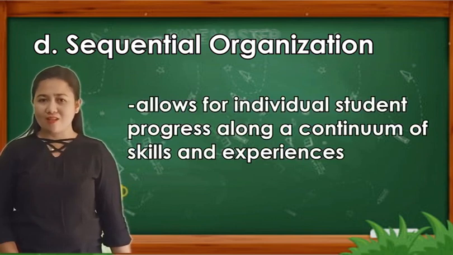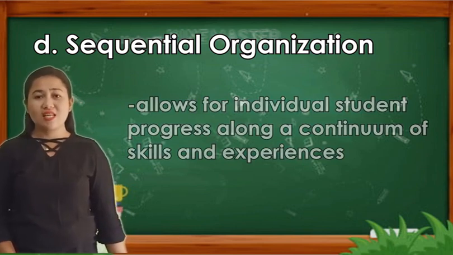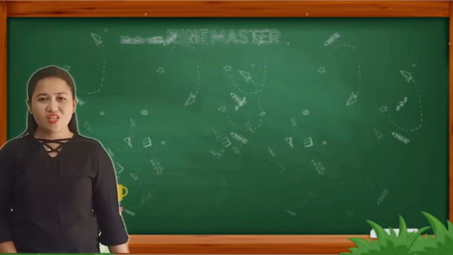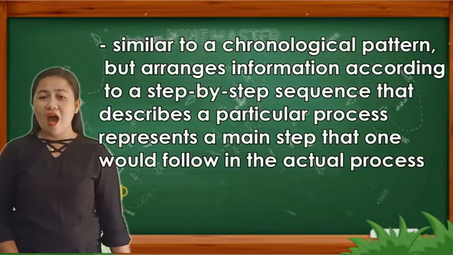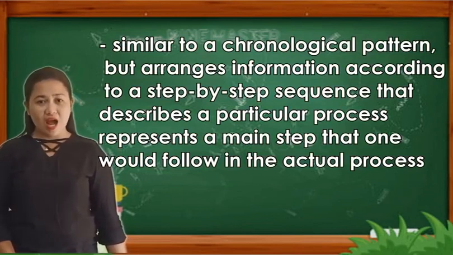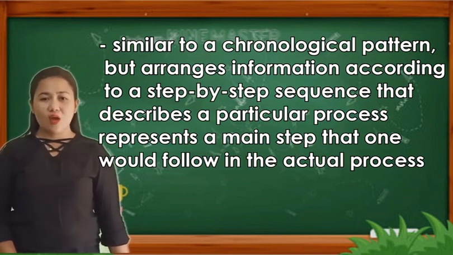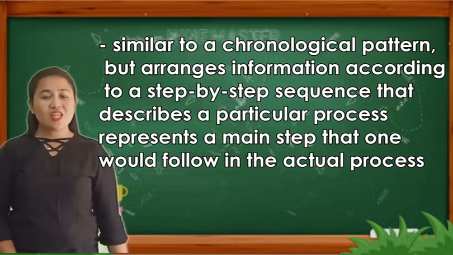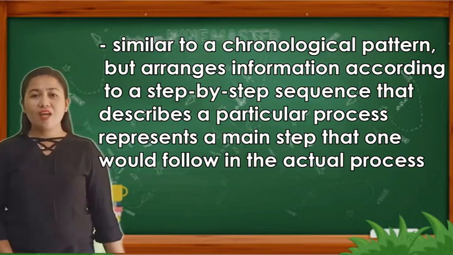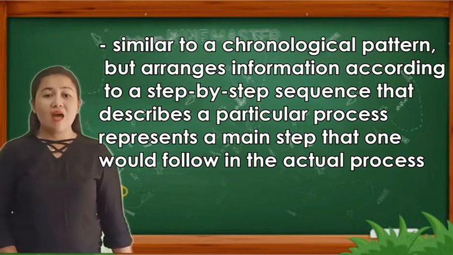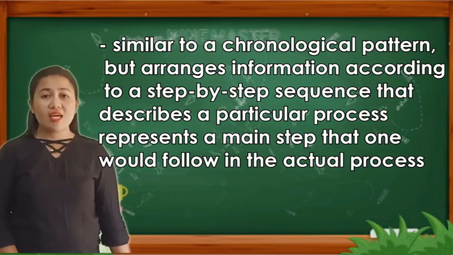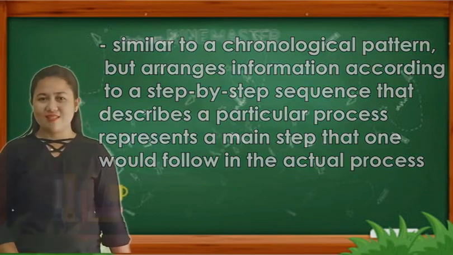A sequential pattern of organization is similar to a chronological pattern but arranges information according to a step-by-step sequence that describes a particular process. Using a sequential pattern, each main section of information represents a main step that one should follow in the actual process.